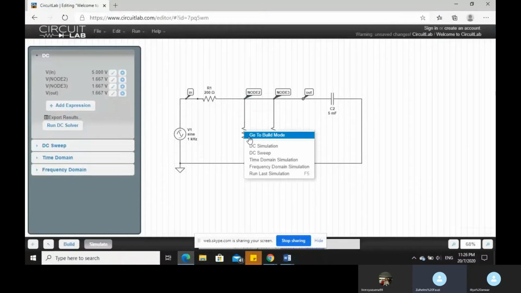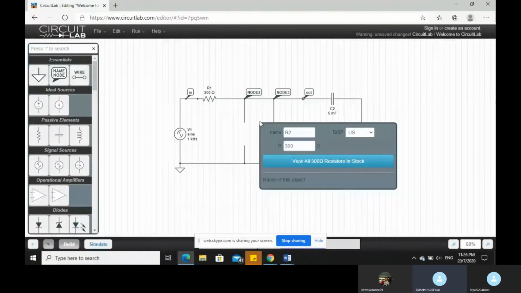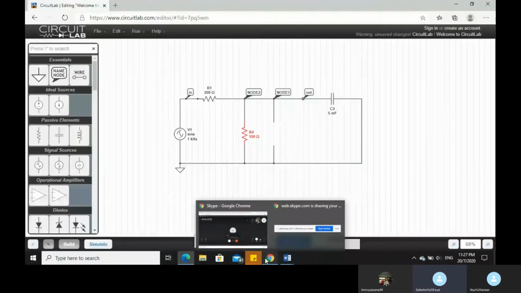When they ask us to predict, the way we do it is we calculate it manually. And Ilya, can you show the calculations that we already did?